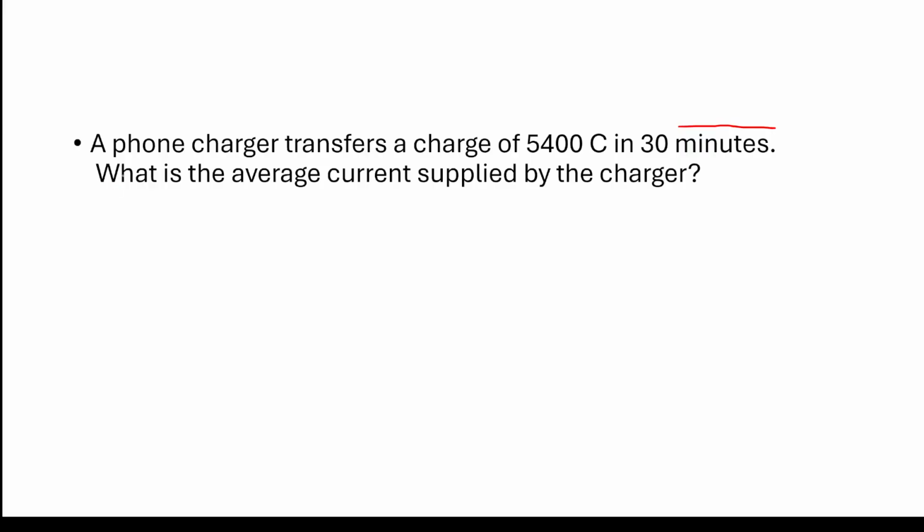So the first thing that you need to do is write what is required. They're asking you to calculate the average current. So current is charge over time. The second thing you need to do is see if everything is in standard units. Coulomb is a standard unit, but time is not. So we convert the time, 30 minutes.